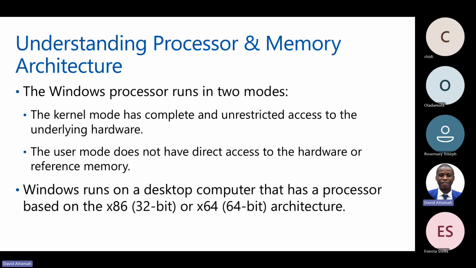So let's talk about processor and memory architecture. We are not going to go very deep into some of these terms. We are just going to stay on the surface. When you buy a system, it either has a 32-bit architecture or a 64-bit architecture.